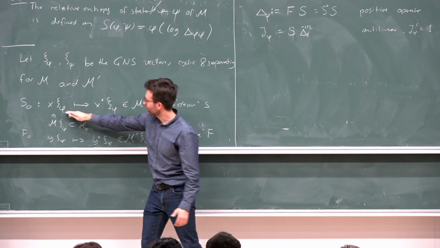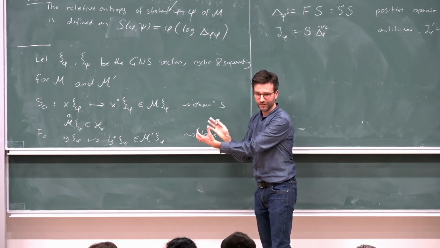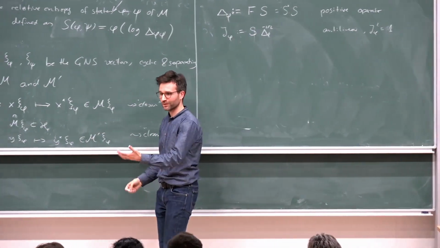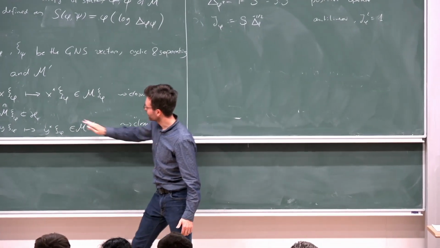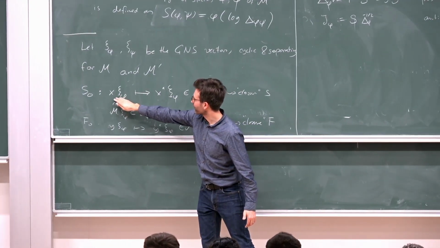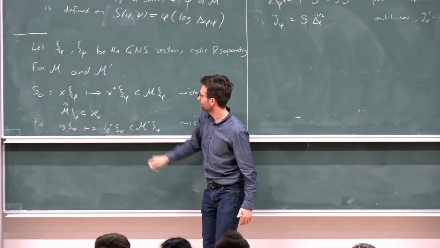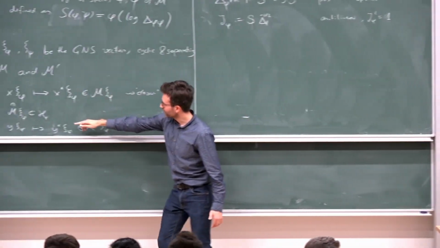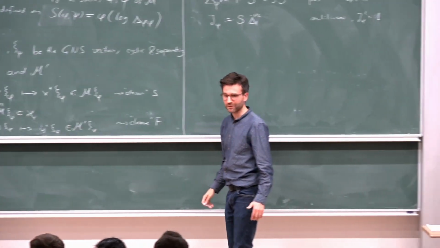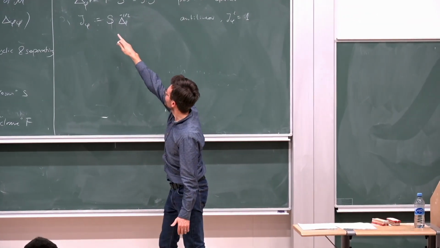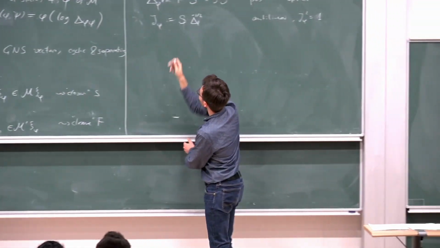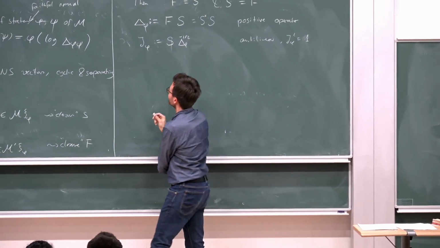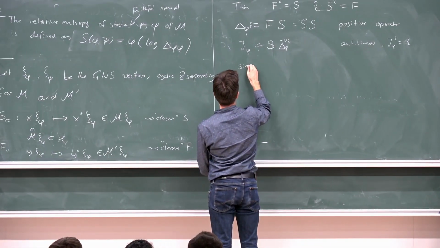So we change sort of the Hilbert space, or if we identify the two Hilbert spaces, they are isomorphic. Then this gives us a new S, and it will also give us a new F. We do the same thing for F, and this gives us a new delta phi.